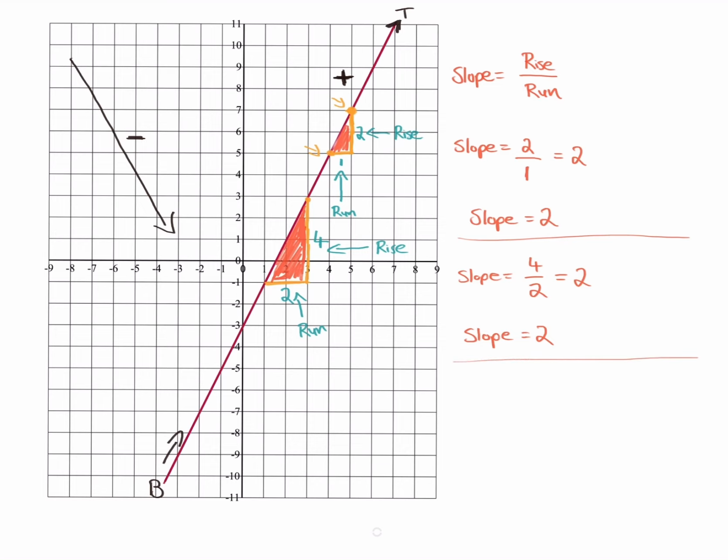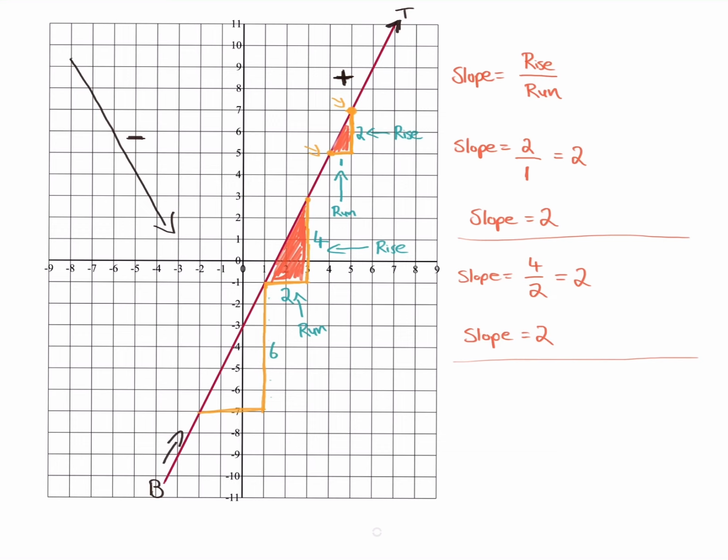I could take it even further. I could start here and go down to here, say. All right, I could go down here, and then I can go across, and this is a bigger triangle. This triangle here is 1, 2, 3, 4, 5, 6.